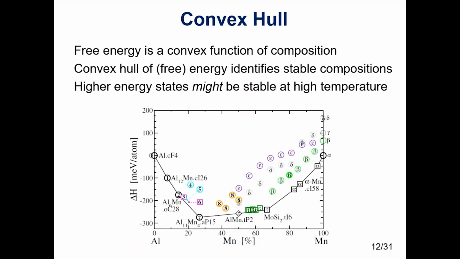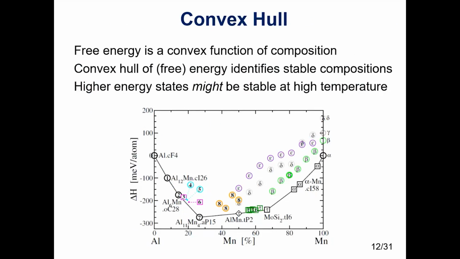We will come back to the vibrational free energy, but now I want to make a detour into the connection between the free energies and the phase diagrams. So imagine that we had a function which gave the free energy as a function of composition for each of many different phases.